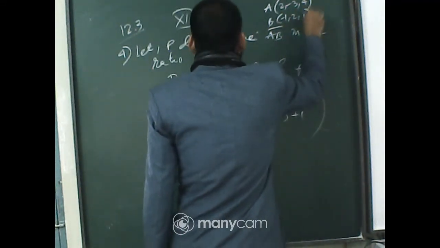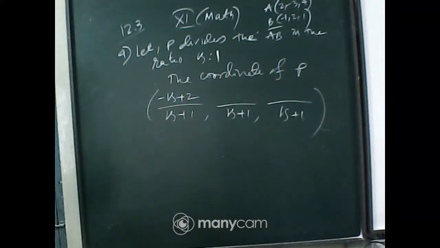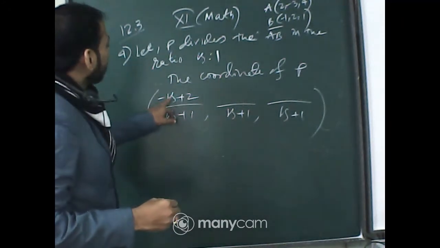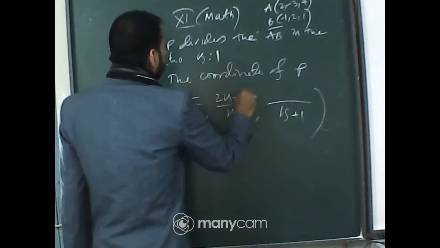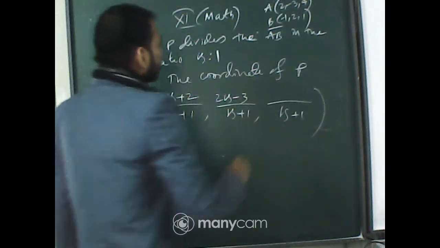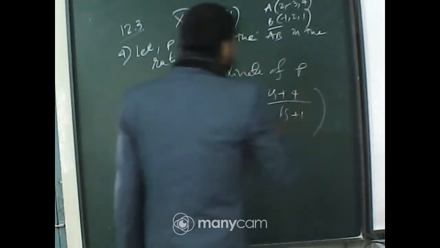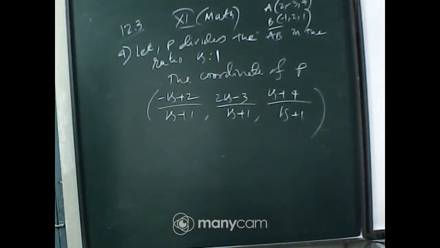So in the numerators, the first portion is minus 1 into K into minus 1, that is minus K plus 2, the second portion 2K minus 3, the third portion K plus 4. Isn't it? Who are doing the class, please respond.